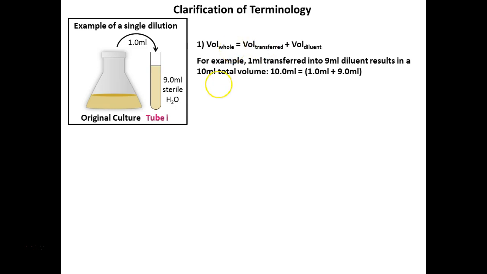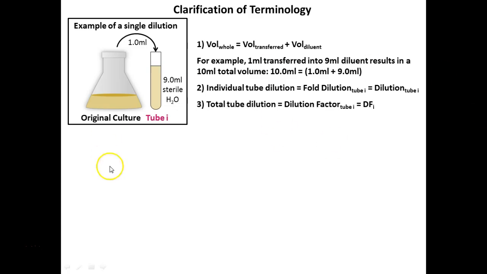To figure out your dilution factor, a lot of times it's written as a fraction, right? And some of us feel the way I do about fractions. They're evil Siamese twins. They're not necessarily our best friends. So we have our individual tube, and that is our full dilution or our dilution.